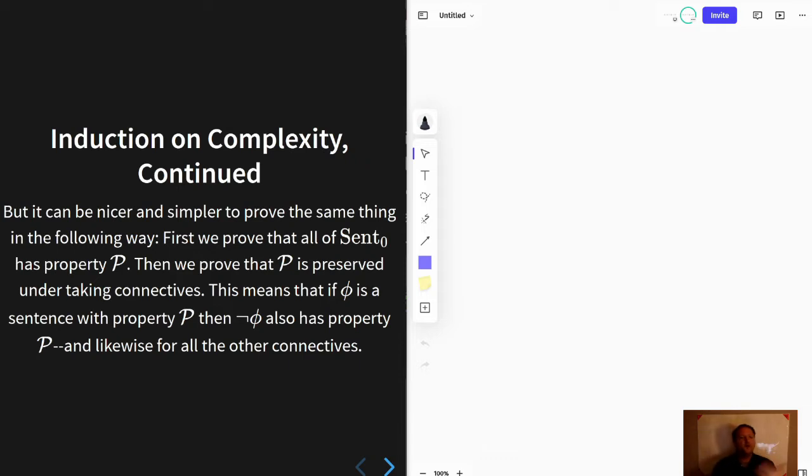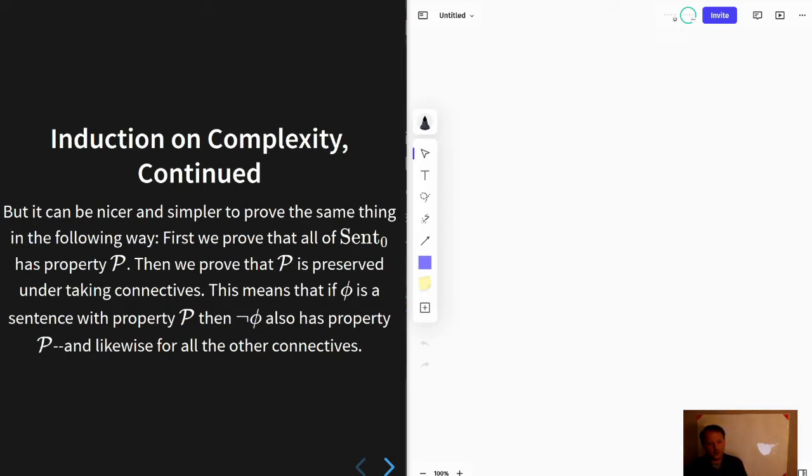We could say, suppose that you have a property which holds for every sentence symbol. And then likewise in the inductive case, rather than talking about whether, if every sentence in Sen n has this property, then every sentence in Sen n plus 1 also has this property, we could just grab some sentence, and that sentence must have some complexity.